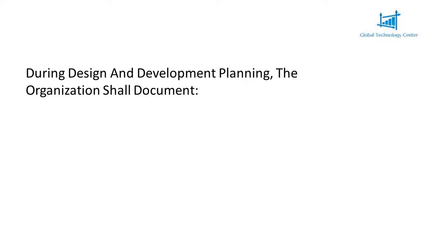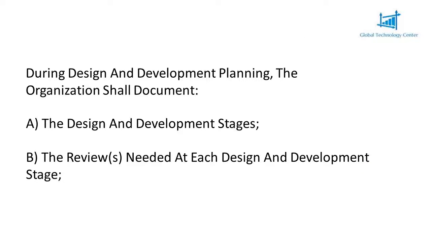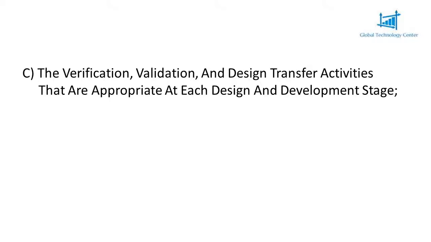During design planning, the organization shall document: A. The design stages. B. The reviews needed at each design stage. C. The verification, validation, and design transfer activities that are appropriate at each design and development stage.